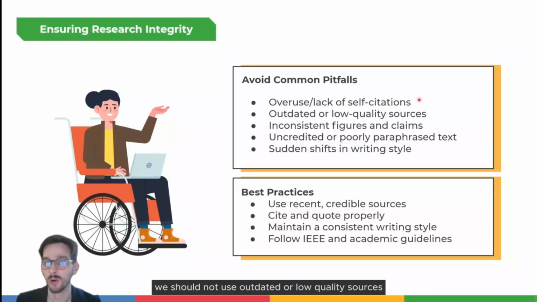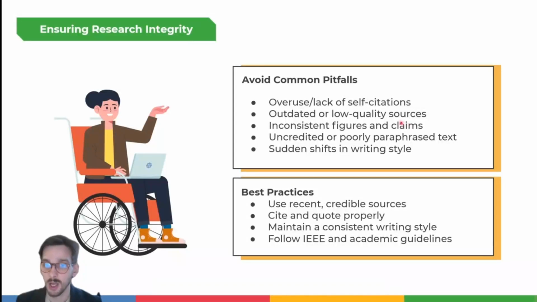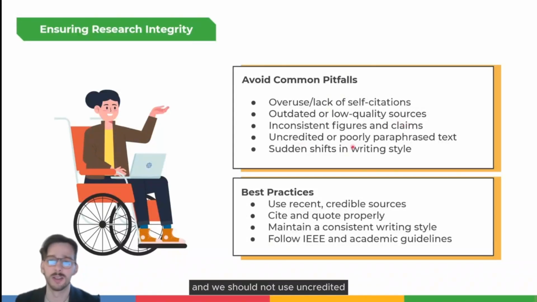We should not use outdated or low-quality sources. We should not use inconsistent figures and claims. And we should not use uncredited or poorly paraphrased text in our manuscripts. And we should not have sudden shifts in writing style, which really show that you've copy-pasted from somebody else.